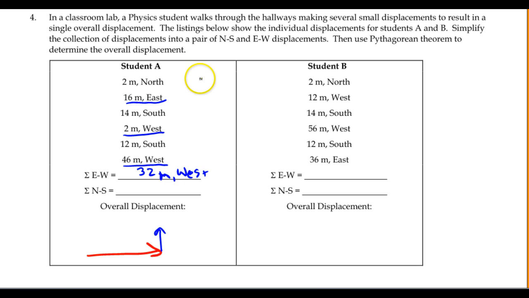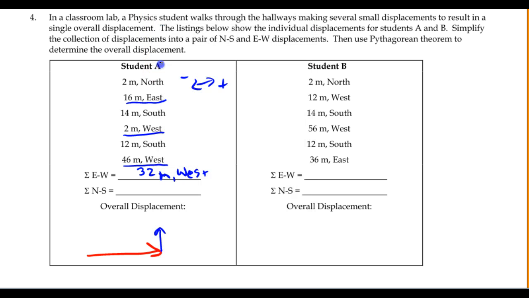Now, if you don't like east and west, think plus and minus. So I got 16 positive plus a negative 2 plus a negative 46. I end up with a negative 32. Negative is to the left, or in this case, we'll call that the west.